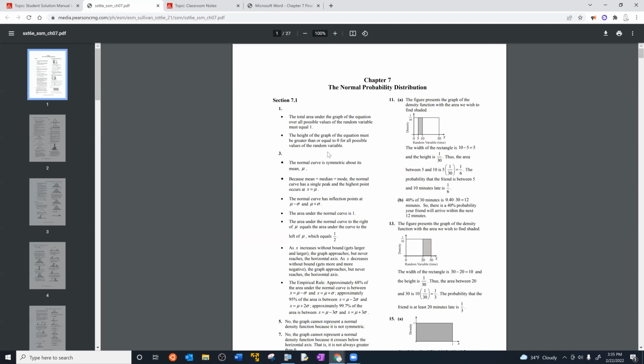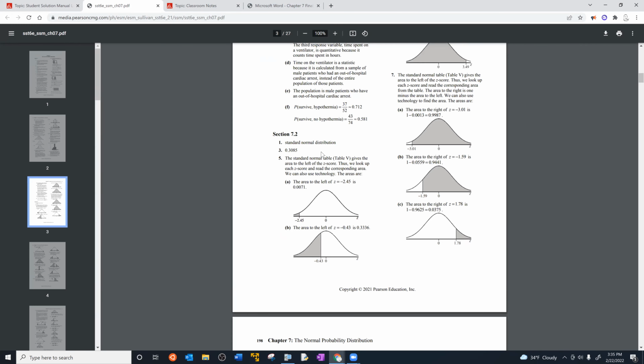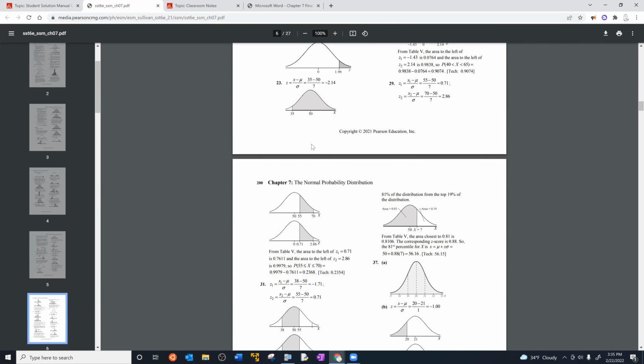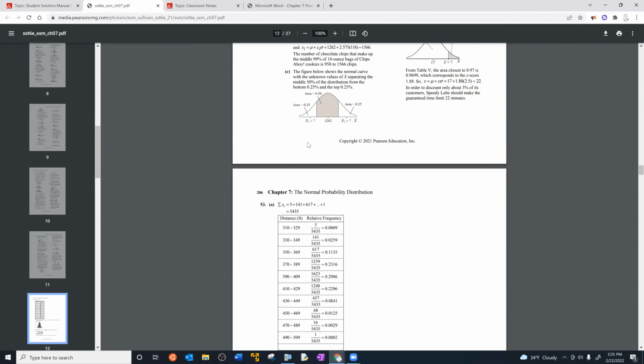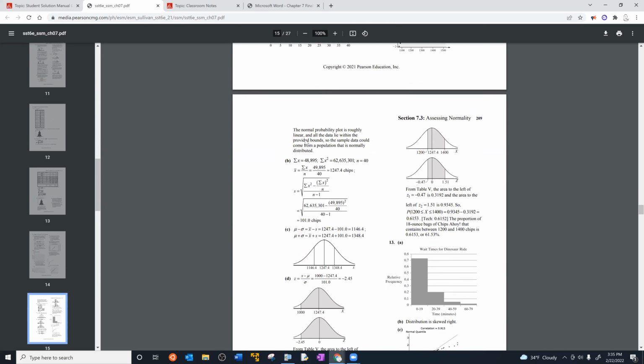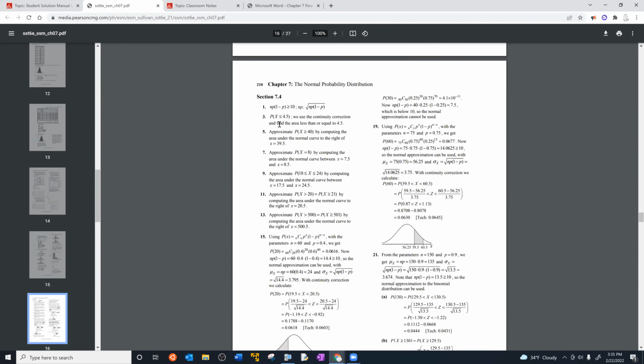That only really works if it's an odd problem, but I actually have the even problems as well. If you find an even problem, I can provide the instructor manual solution as well.